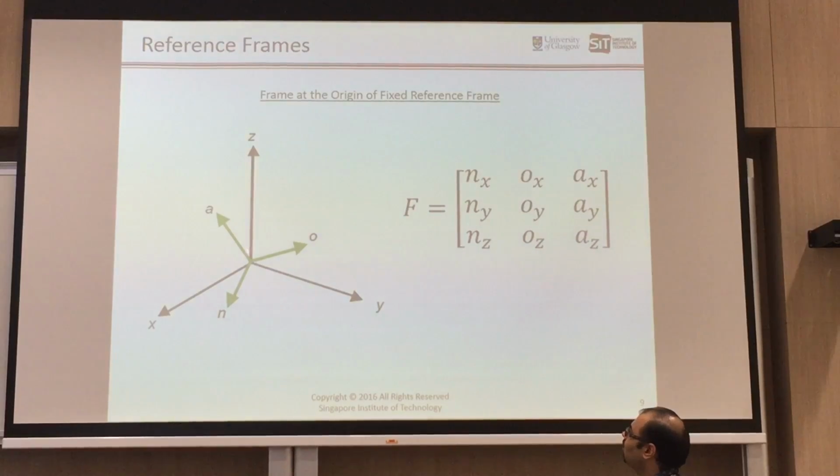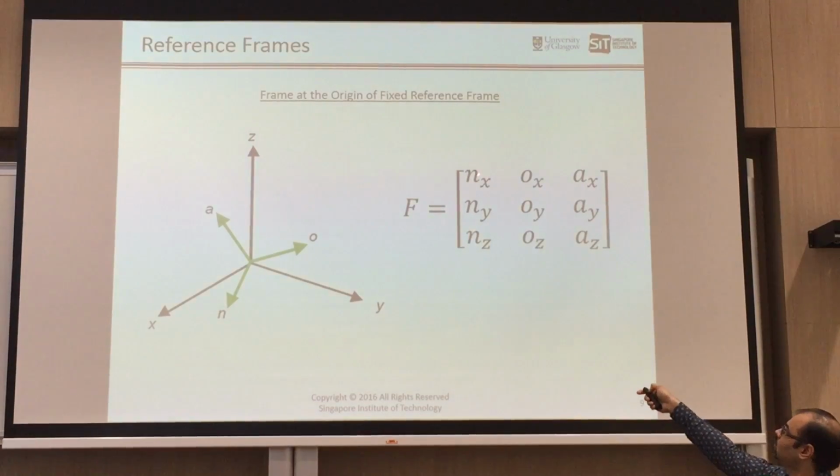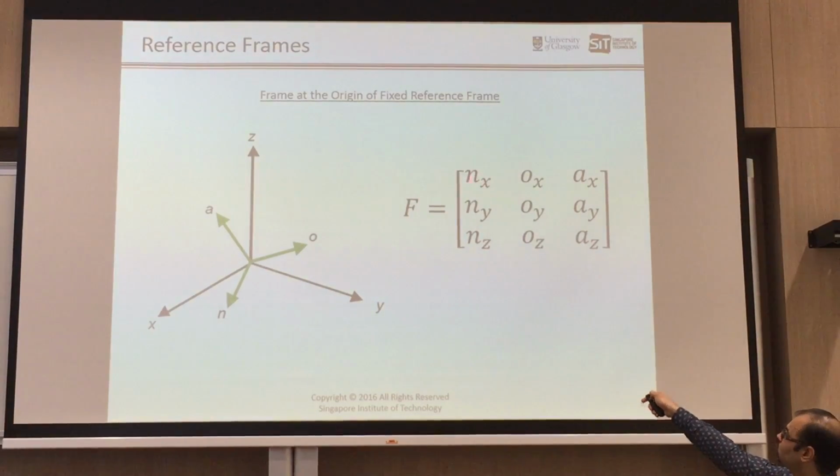Now, whenever they have a matrix, and whenever they talk about your first set of column vectors, they will use the notation n, corresponding to the direction of your moving x-axis.